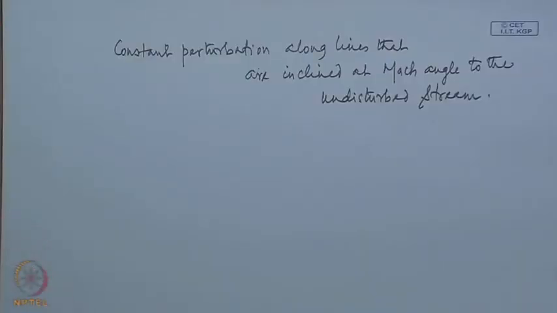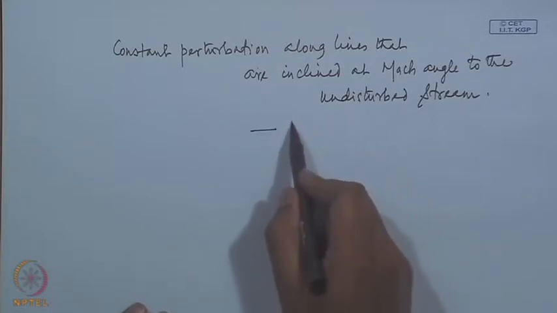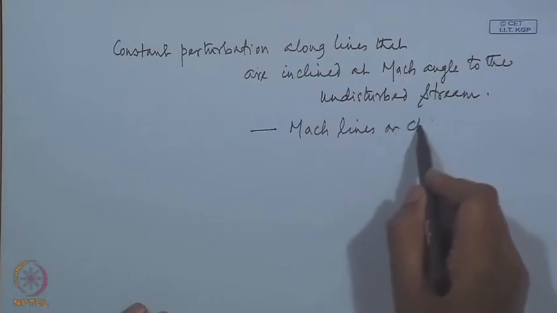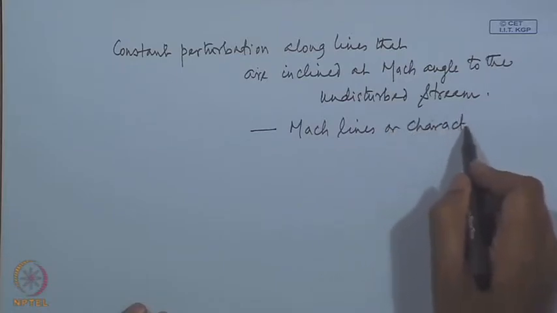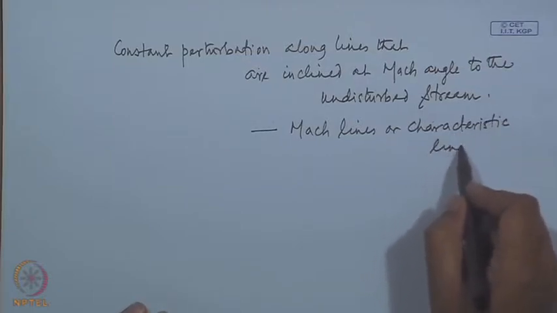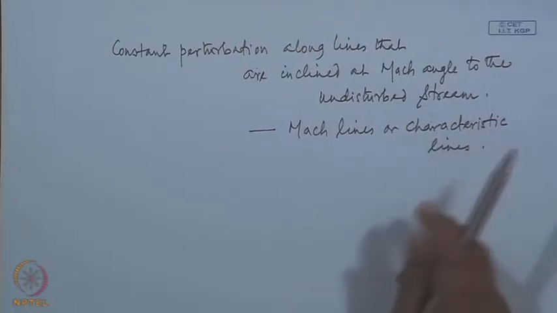Now, the lines which make the Mach angle with respect to the undisturbed stream are called, as before, the Mach lines. These are the Mach lines or the characteristic lines. So, the perturbations remain constant along the Mach lines or the characteristic lines.